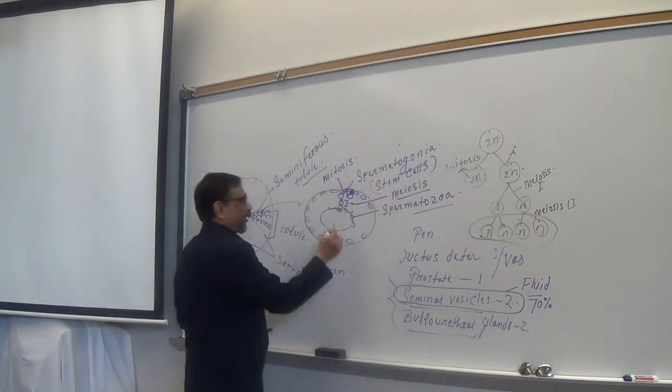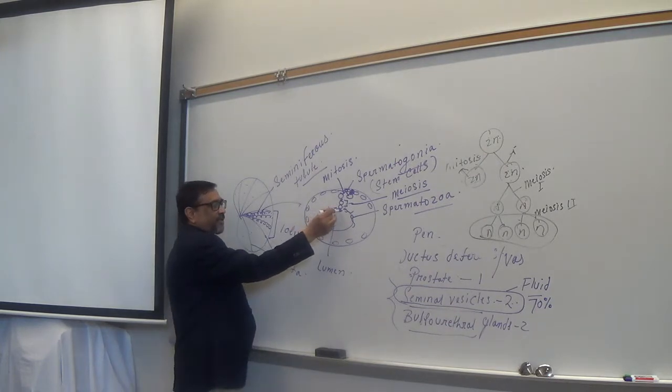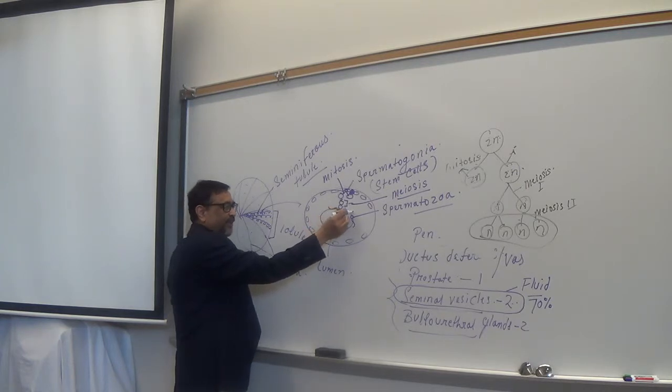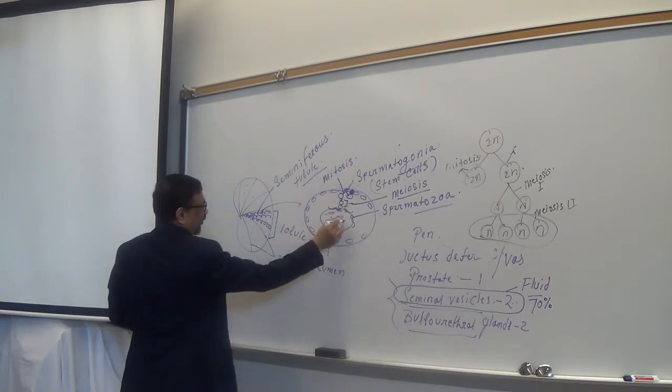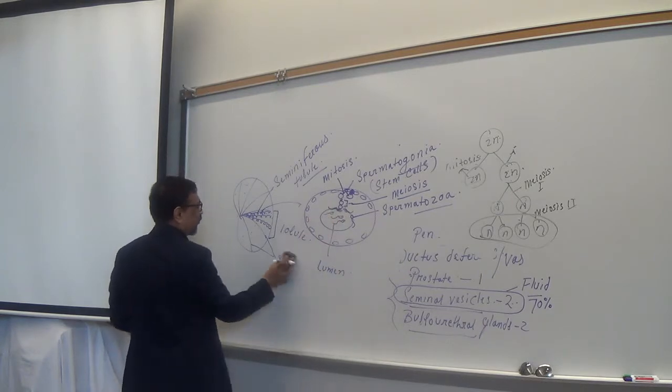In the last stage of maturation, the shape changes and becomes elongated like this, and the mature ones will get detached and enter into the lumen like this. So these are mature sperm.